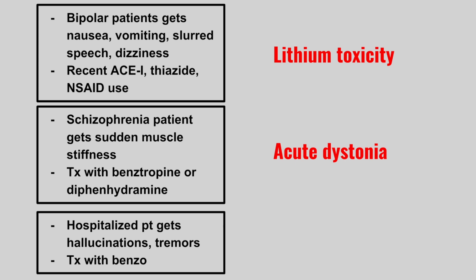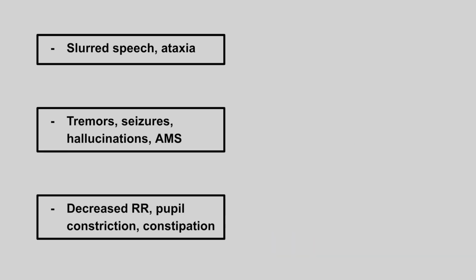Next, we have a patient who's hospitalized and gets hallucinations and tremors, and we treat this with a benzo. So this is delirium tremens, and this usually happens when patients who previously drank alcohol are no longer getting alcohol and they can go into a withdrawal, and we call this delirium tremens.